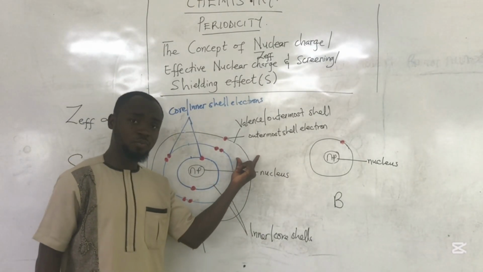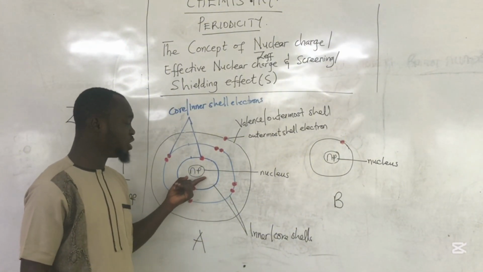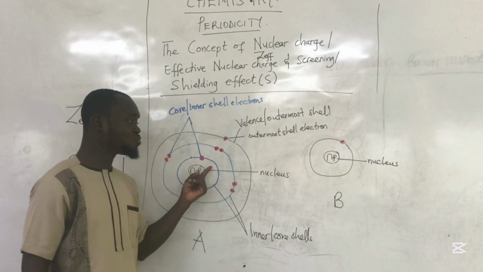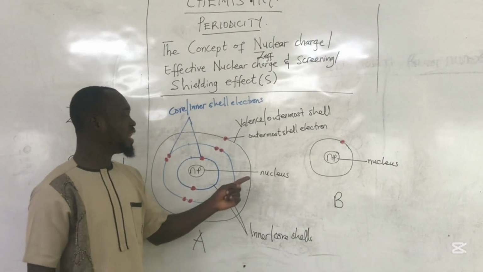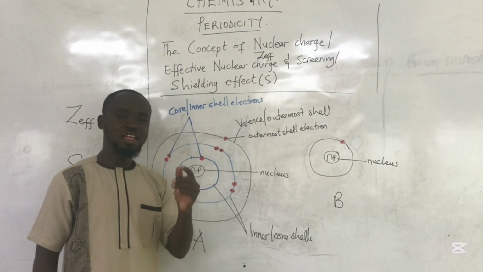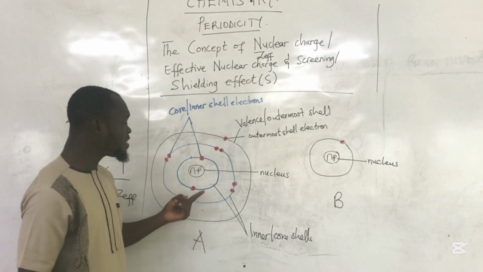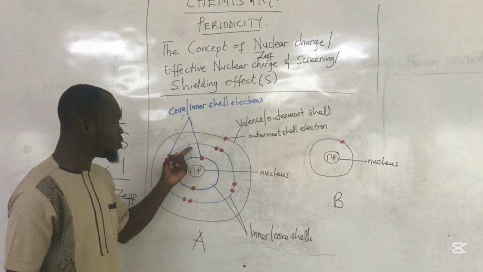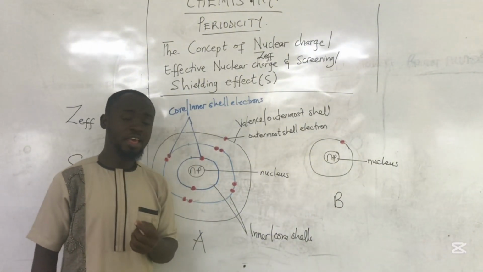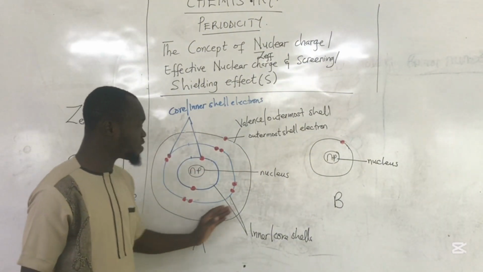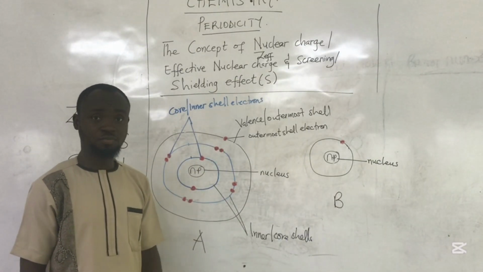Any shell that is around the nucleus, but it is not the last shell, is the inner shell or the core shell. And the last shell in that atom represents its outermost or the valence shell. The electrons located on the inner shell or the core shells, we call them core shell or inner shell electrons. And the electrons located on the valence or the outermost shell are called the outermost shell or the valence electrons.